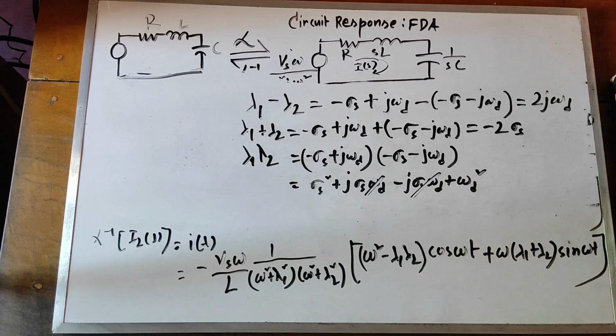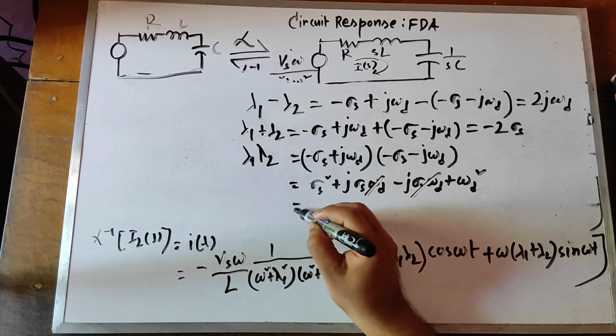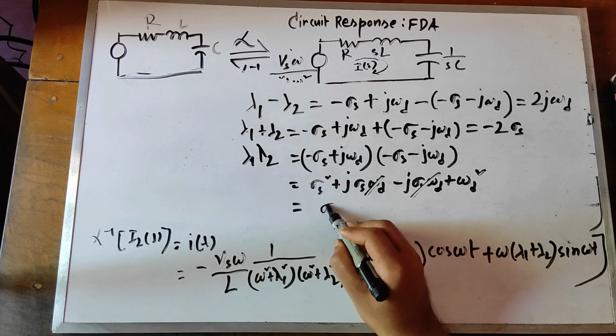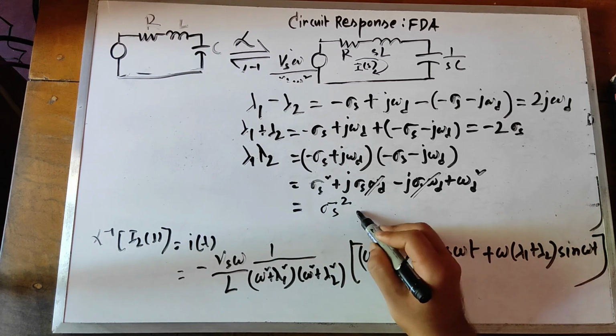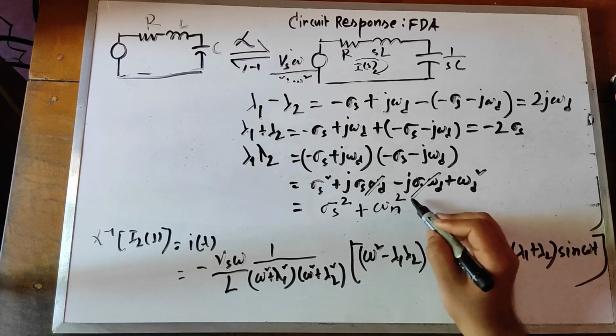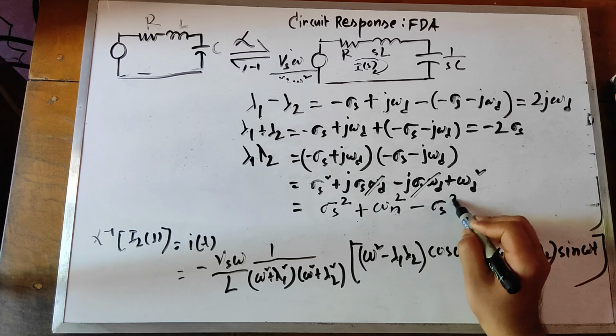So here this term cuts out, and omega d, if I decompose omega d, it will give me sigma s squared plus omega n square minus sigma s squared.